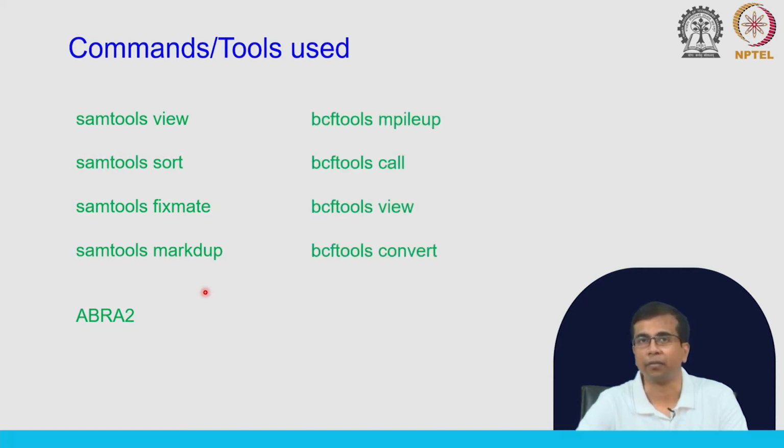Similarly, for BCFtools, we use these commands mpileup, call, view, convert, etc. All these commands come with their own options, and you have to go through these options and see which one will apply in your case. Doing that in the class is not possible, so I just collected all those commands and we did the hands-on, but I encourage you to explore this a bit more.